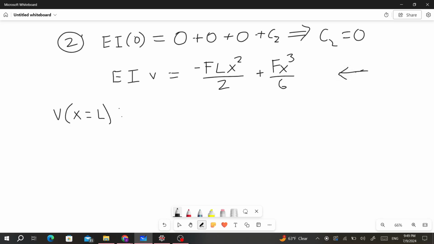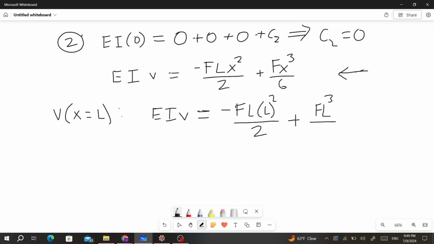So we'll have EI times v is equal to negative FL, and for x we're plugging in L, so we have L squared over 2, plus F times L cubed divided by 6.